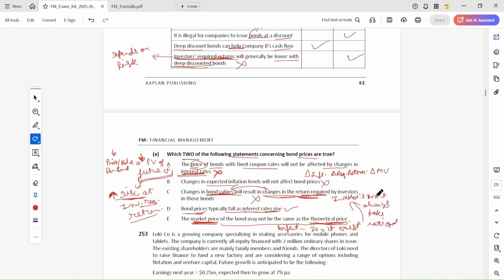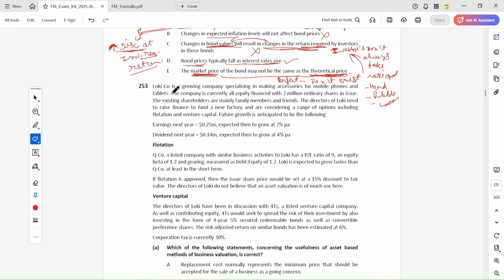Investors make irrational decisions like herding, bubbles, and loss aversion. When they take these types of decisions, the market price cannot be the theoretical value, and this price only exists in a perfect market. So the perfect market does not exist.